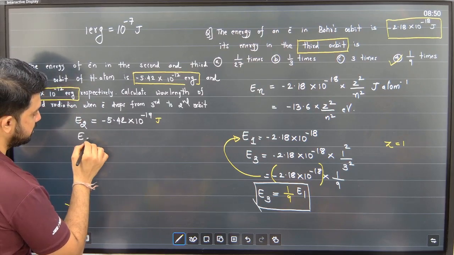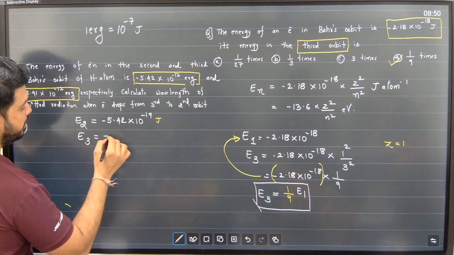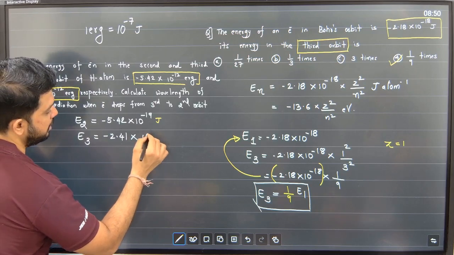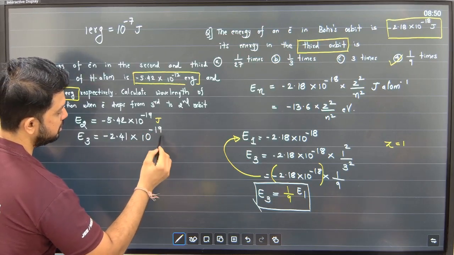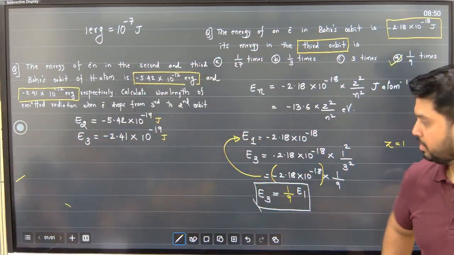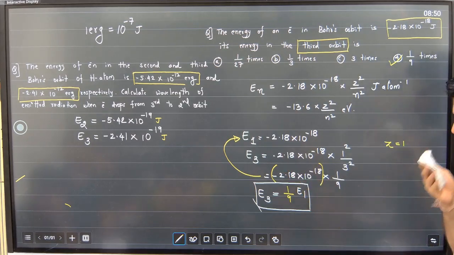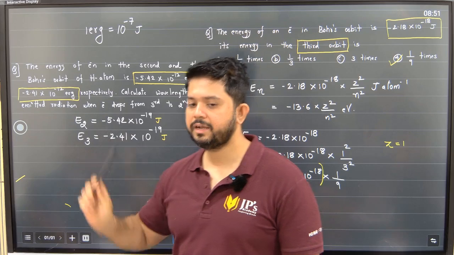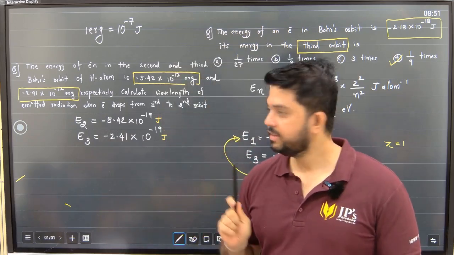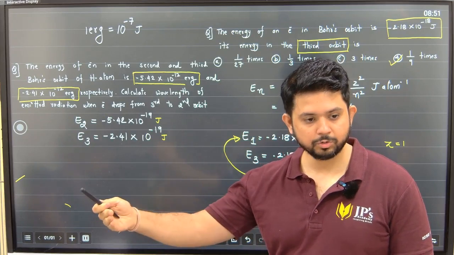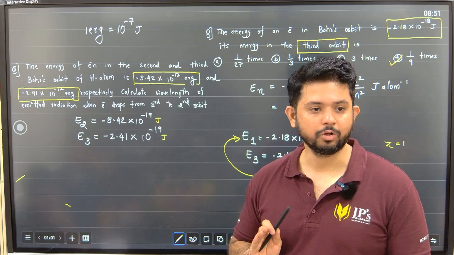E3, negative 2.41 into 10 to the power, again minus 19 joule. ठीक है? What is the question? But calculate the wavelength of emitted radiation when the electron drops from the third orbit to the second orbit.